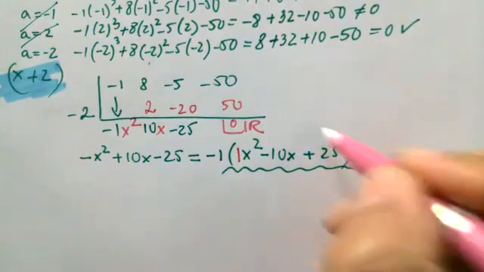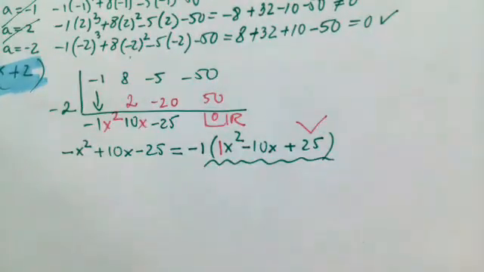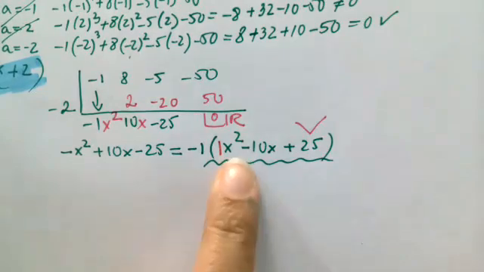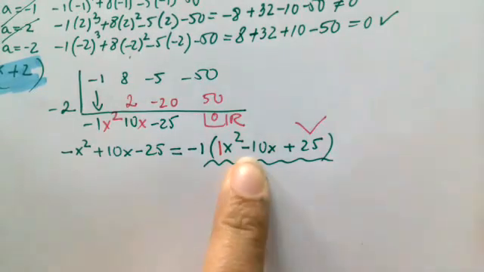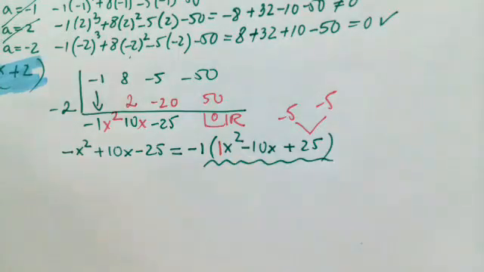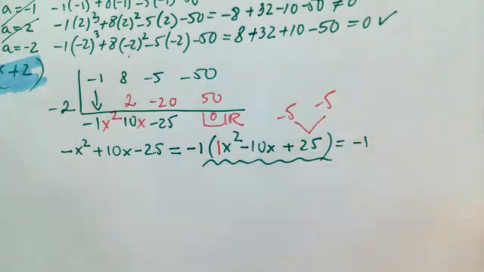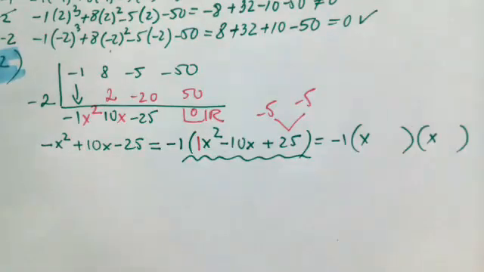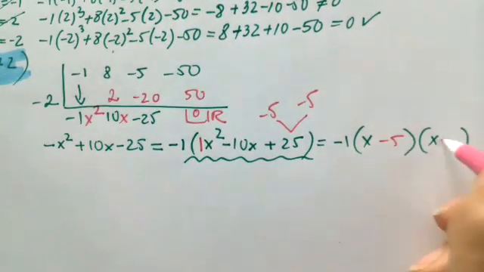All I need is two factors of positive 25 that add up to negative 10: negative 5 and negative 5. So the factorization would be, with the negative 1 that I factored out first, two brackets with x in each, and then negative 5 and negative 5.